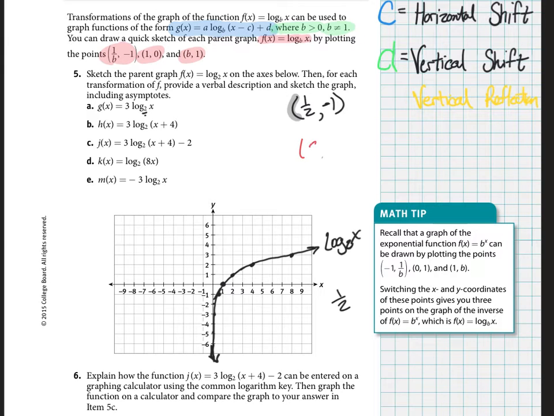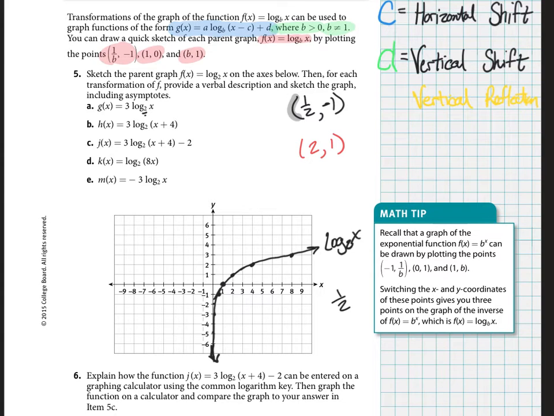In this case the base is 2, so we do see the ordered pair 2, 1. And since the log base was 2, our x values doubled. See, 2 to 4, 4 to 8. If it was triple, you would just triple the x values. The x values will triple every time the y's go up 1.